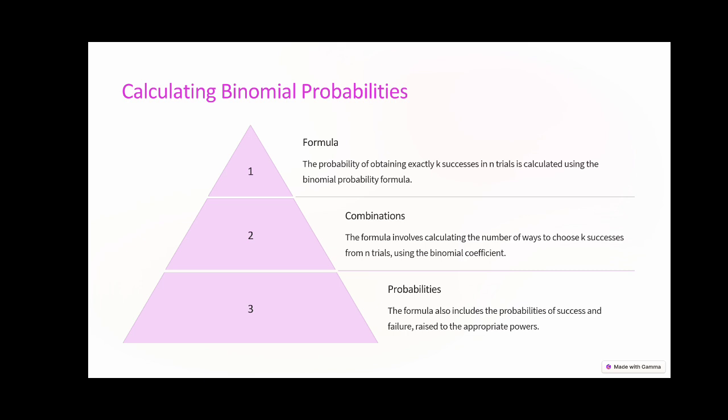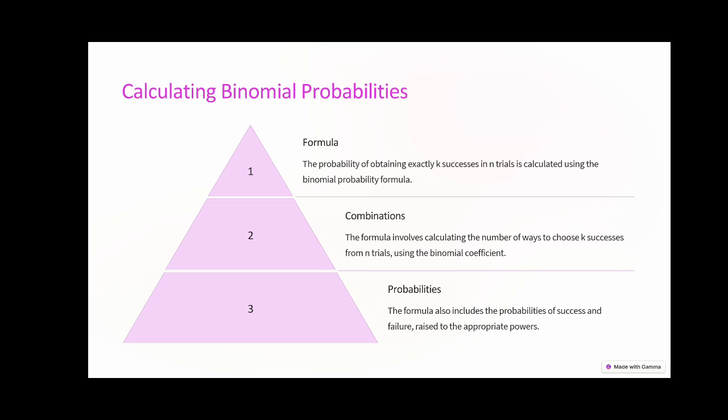For example, in tossing a coin 10 times, we are calculating the probability for getting 5 heads. So k is 5.